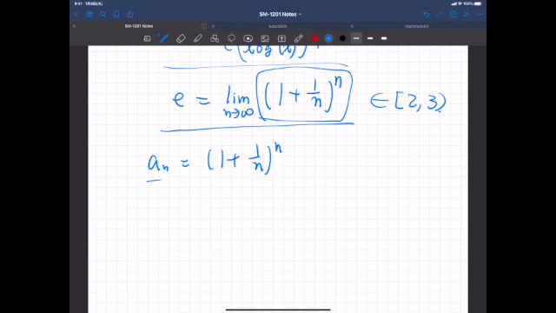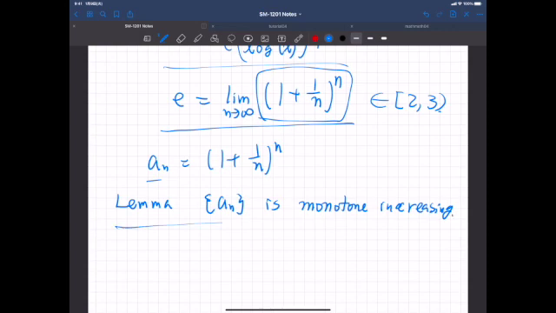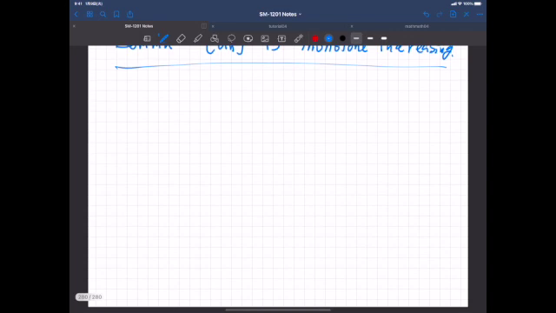And first, we show that this sequence here is monotone increasing. So let's prove this.